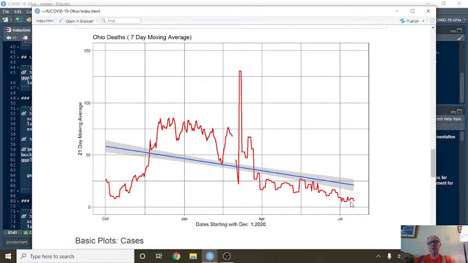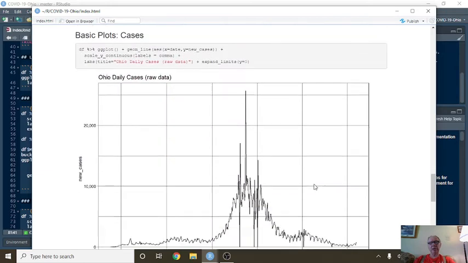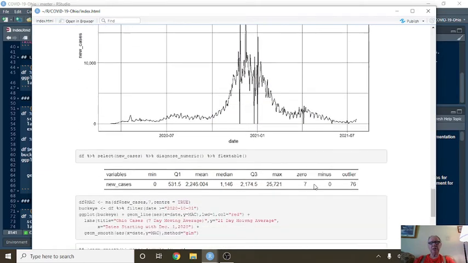Remember, this is a 7-day moving average on top of there. So each point represents the average number of deaths for the previous 7 days. But the important thing is, from December 1st down to here, there is a decrease in cases. It's a downward trend. This is cases.